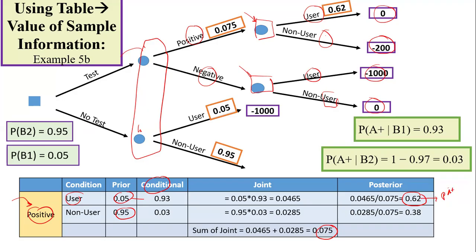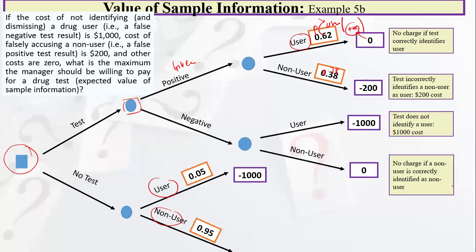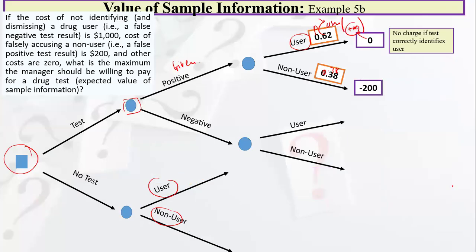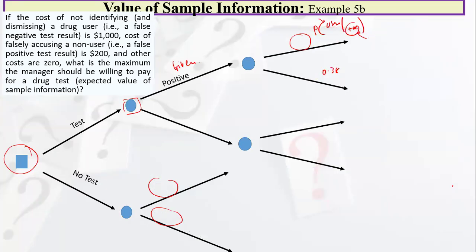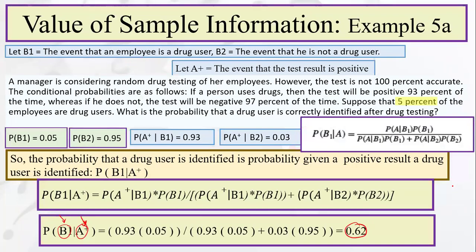No, the other way around, right? Probability that the drug user tested positive. Okay. Then let me go back again and show you 0.62. See 0.62? Tested positive is given a drug user.